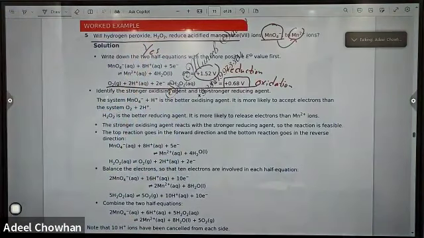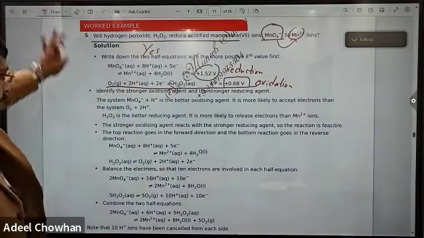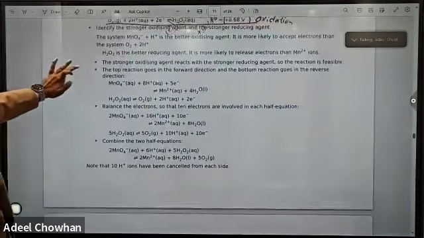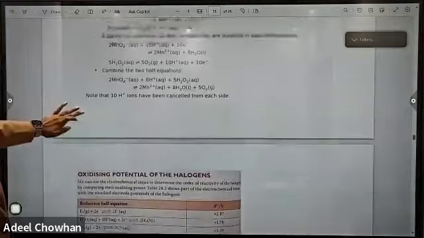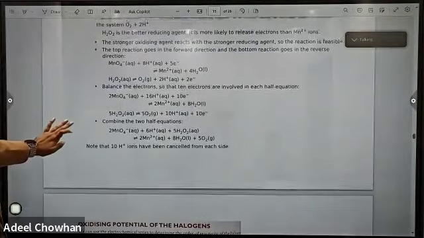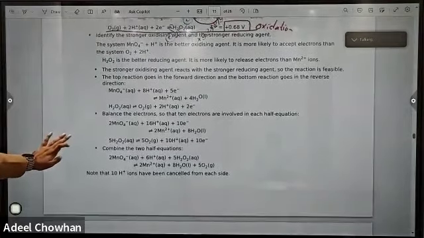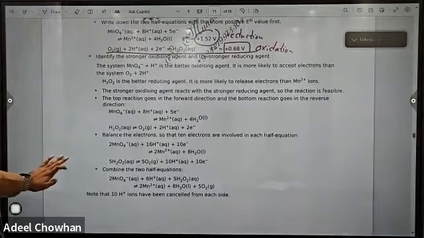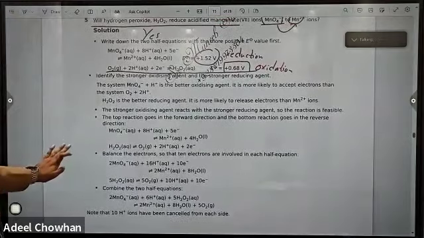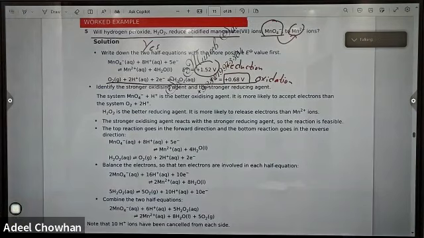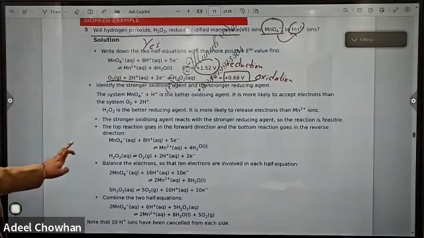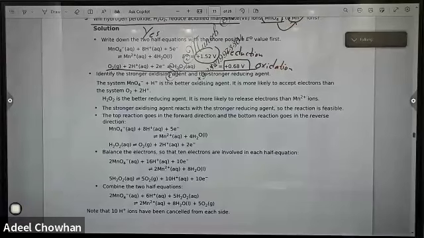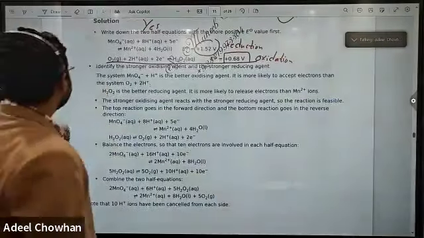So we say over here, so it is written here.